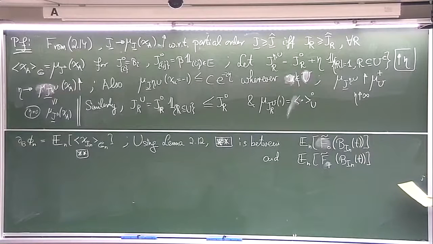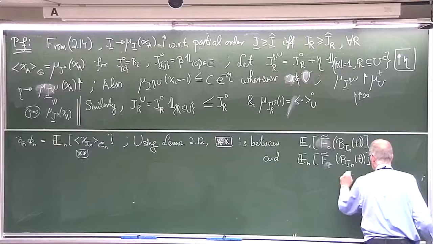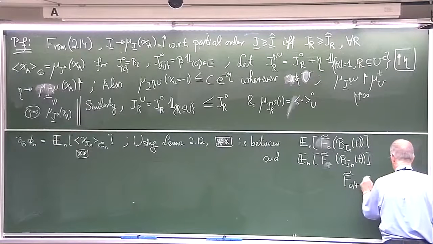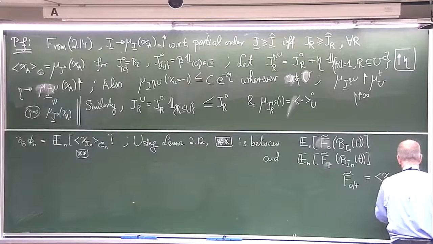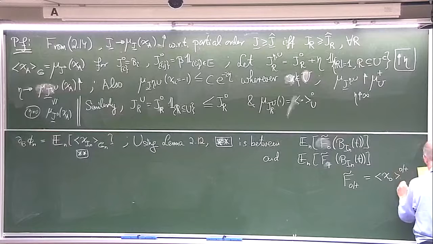Now I need to define what the F's are. F tilde 0 plus is equal to the value of X_I on the ball, with plus or free boundary conditions, on the ball functions X_I.